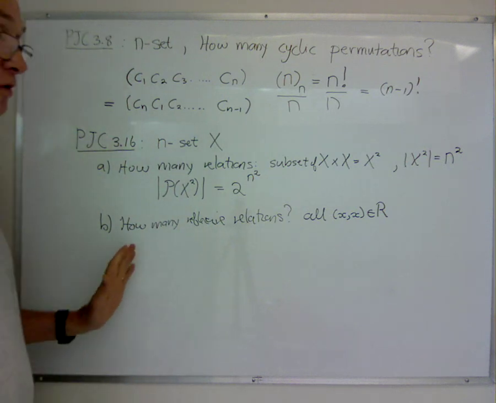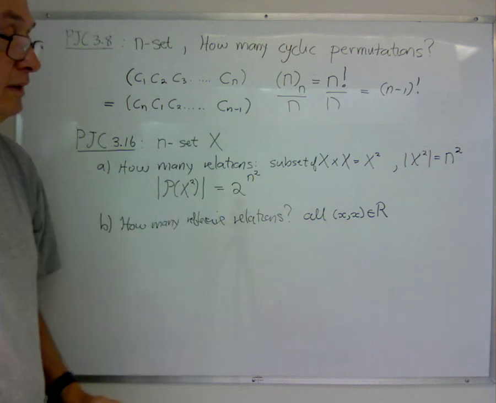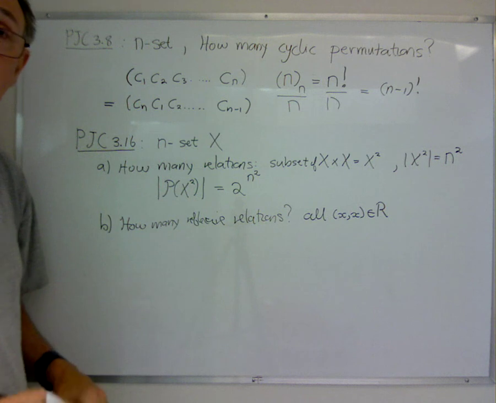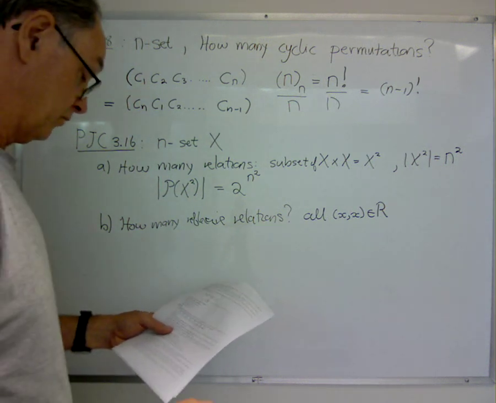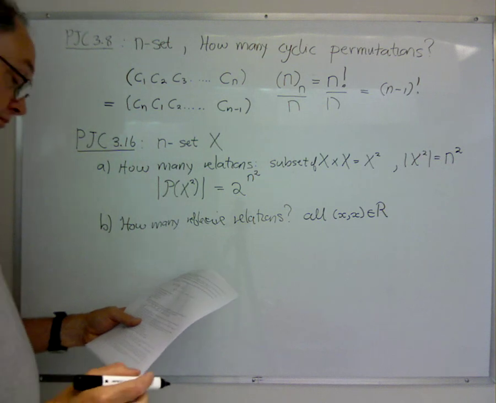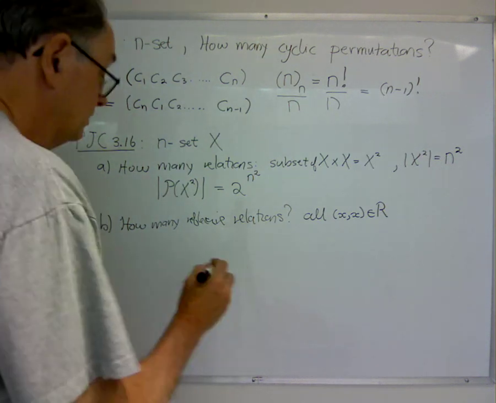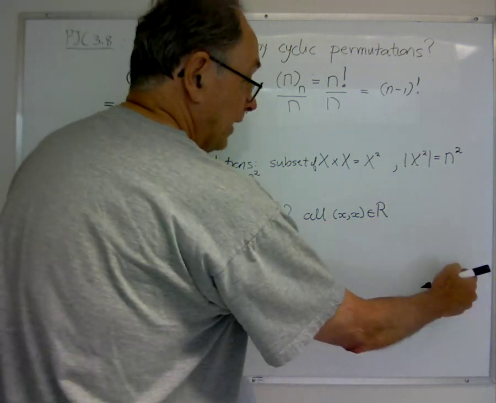Well, the first thing you do is you put all the diagonal elements inside the relation, and then you add or don't add some of the others. So if you think of this as a matrix, the diagonal is all in.